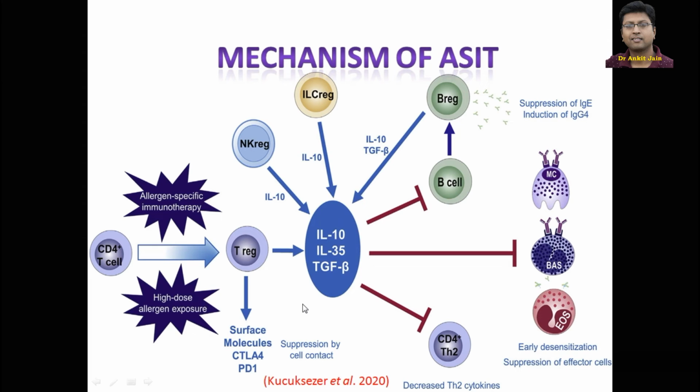Then T regulatory cells will produce interleukin 10, interleukin 35, and tumor growth factor beta. This will stop further production of T helper cell 2 response, production of IgE, and histamine release from particular cells. It will also reduce the proliferation of B cells, and increase the production of B regulatory cells.